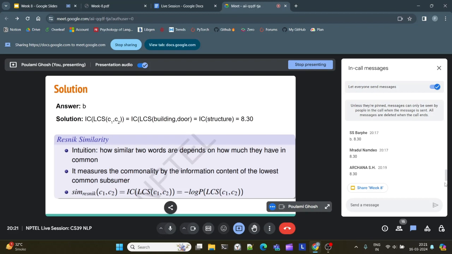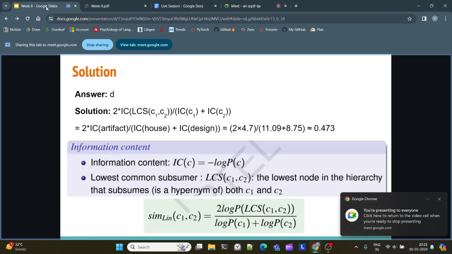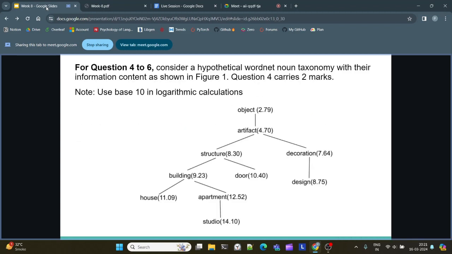Ma'am, will you go to the question? Yes. On the tree that we have given, if we were asked to find the resonant similarity between house and structure, what would the answer be? In that case, you again need to find the LCS.